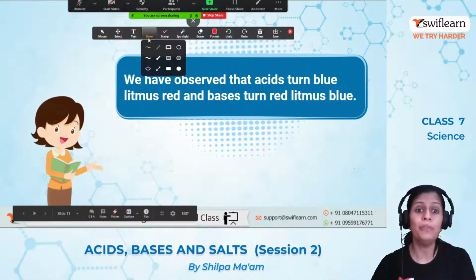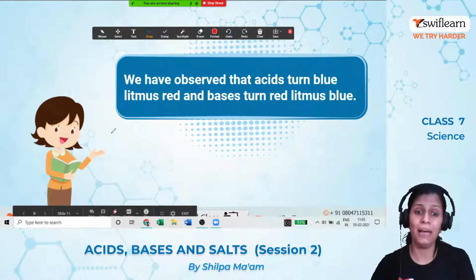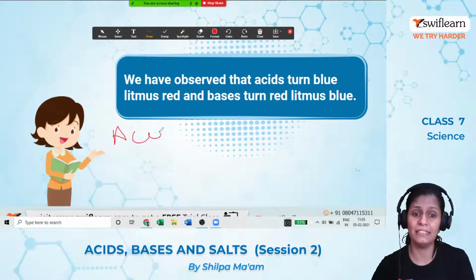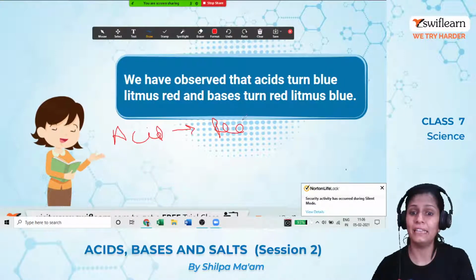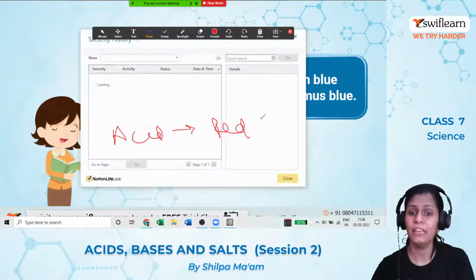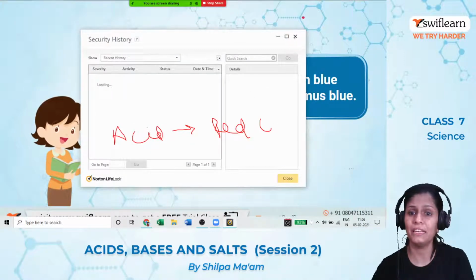Now, can anyone tell me what will happen if, to check an acid, we take a red litmus paper?